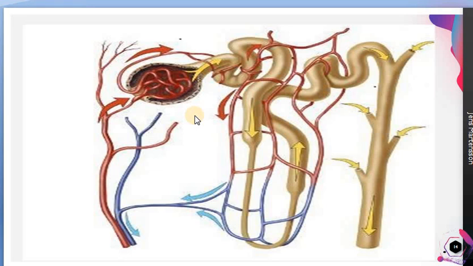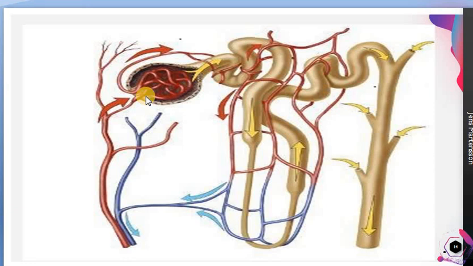Filtration, you all know, means separating some matter from another liquid matter. So here, ultrafiltration occurs in the glomerulus.